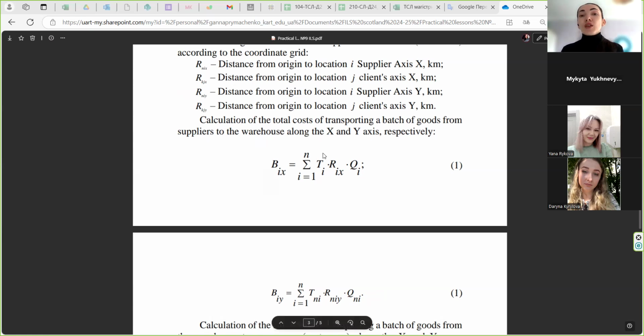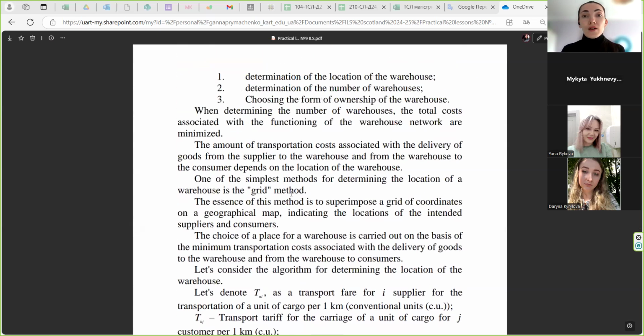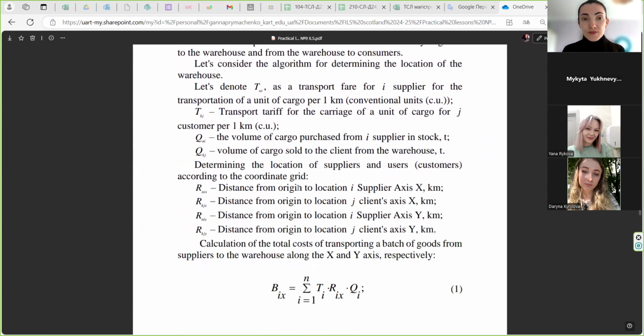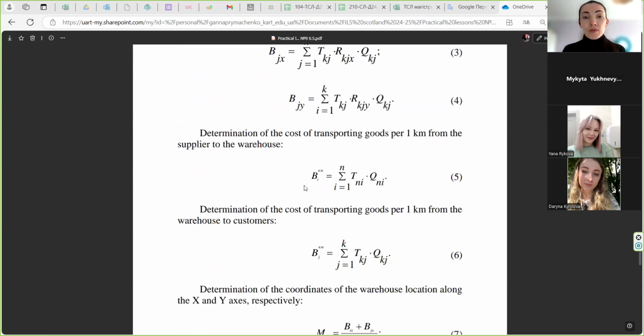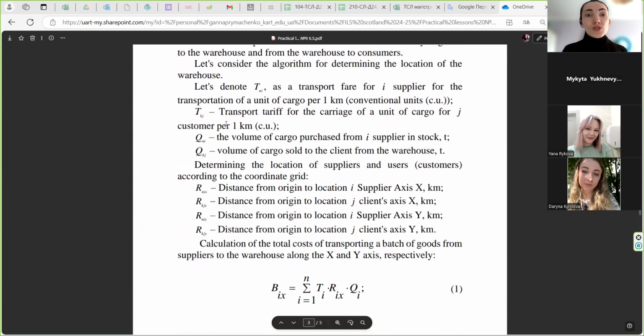So the first parameter is t with index e. We need to find what it is. Maybe here. Okay, we have parameters r, t.